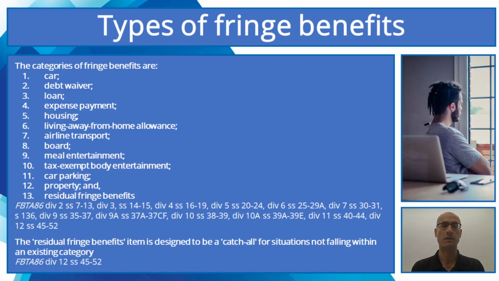The reason we have all these different categories is that, first of all, these were the common areas of fringe benefit at about the time that the regime was put in place. But also, in regards to the 12 main categories, there are a series of exceptions. So while we're not going into depth in all of them, we'll look at some of the key areas that can impact tax professionals.